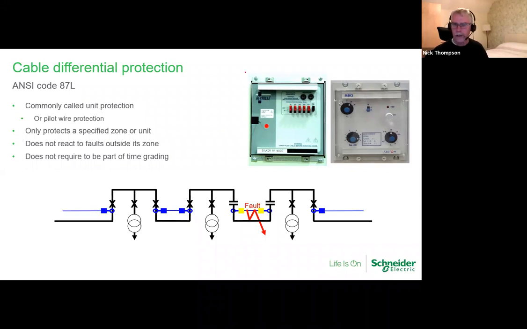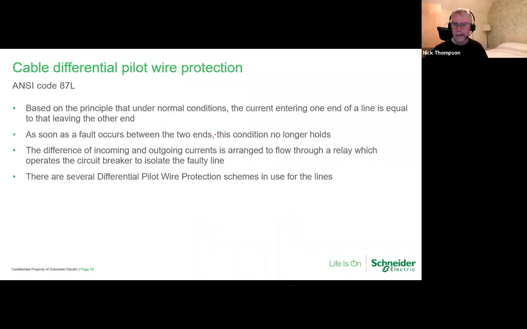These are very simple relays, and as you can see, there's nothing fancy about them at all. We've got dip switches there, or dials there, and it works on the principle of Kirchhoff's law. Whatever goes in goes out, and if there's a mismatch, hey ho, we've got a fault.